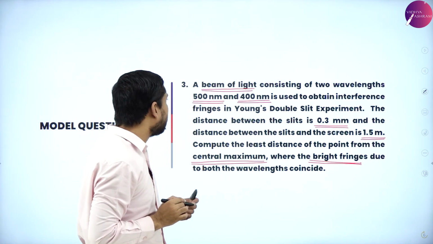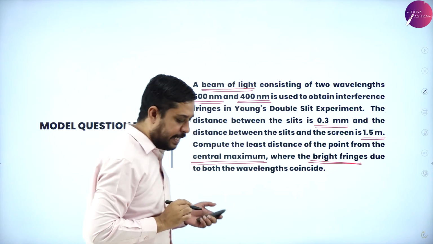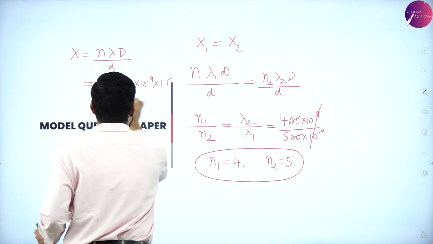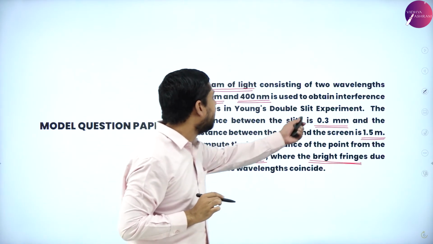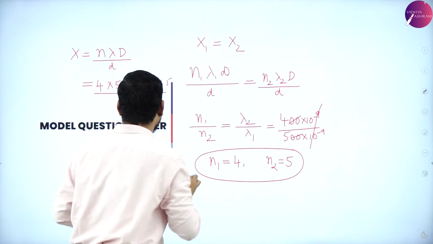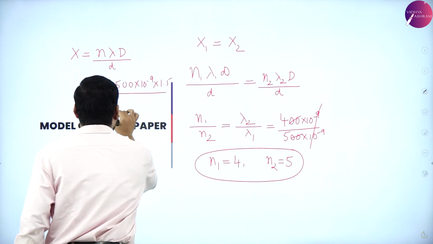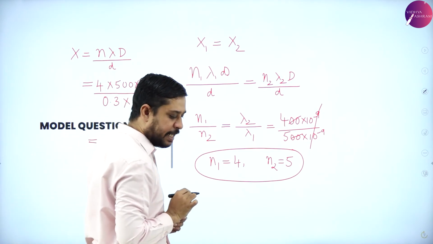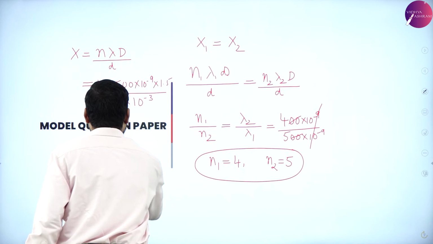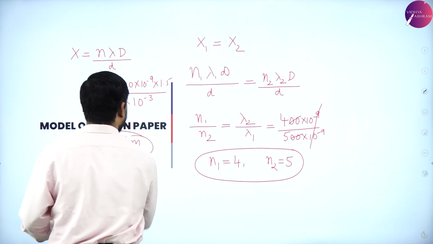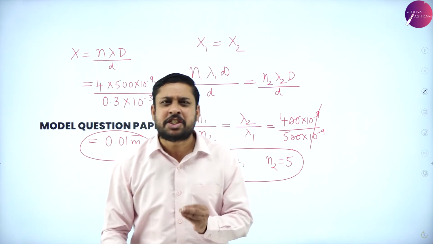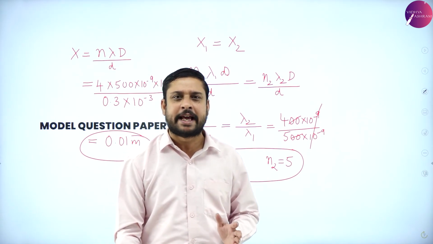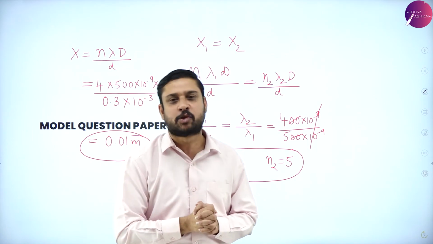Now, the distance between the slit and the screen is 1.5, divided by the distance between the slits, 0.3 millimeter. So, 0.3 into 10 power minus 3, which is 0.01 meter. Just knowing basic concepts, basic relations, we are able to calculate things very easily.